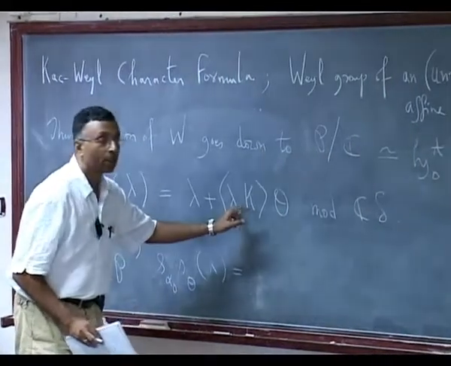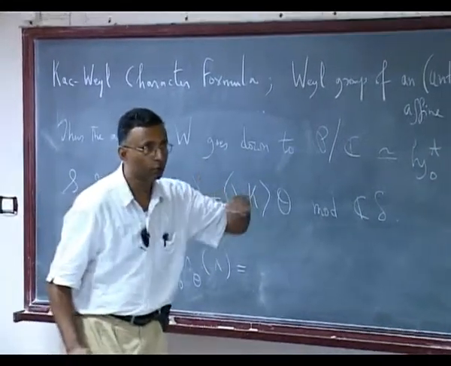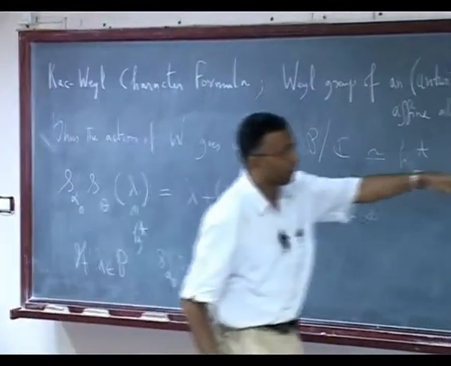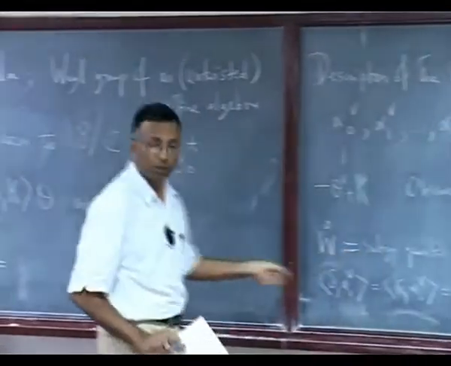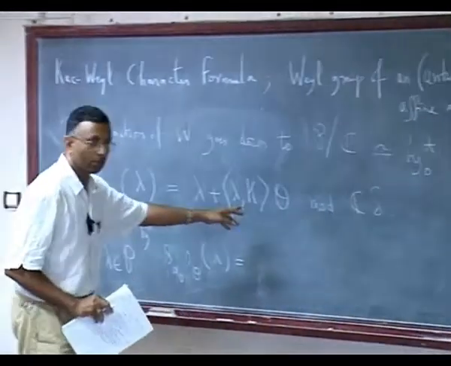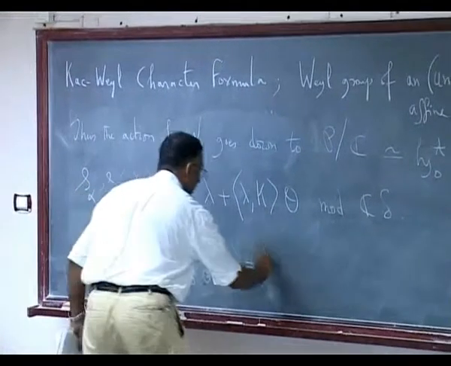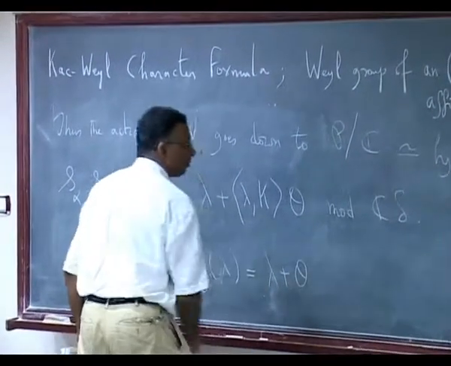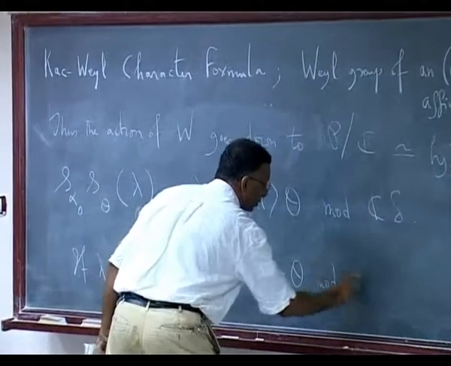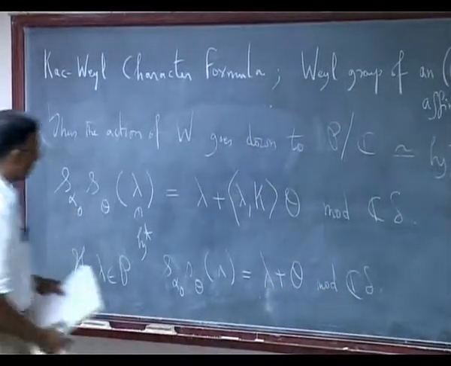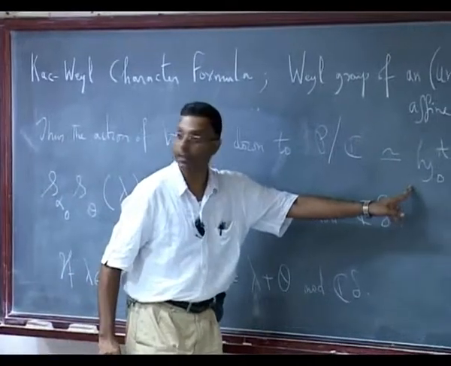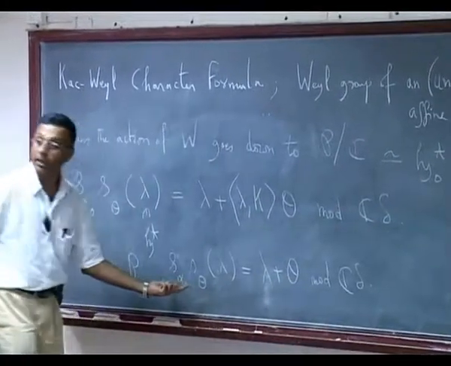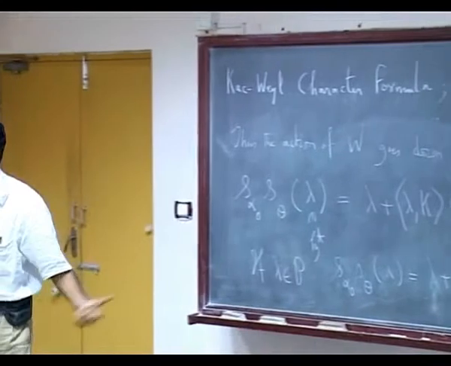Because elements of P have lambda naught coefficient, meaning it comes with 1 lambda naught, that with K will give me 1. So it is lambda plus theta mod C delta. If I interpret this action here, this is nothing but translation by theta.